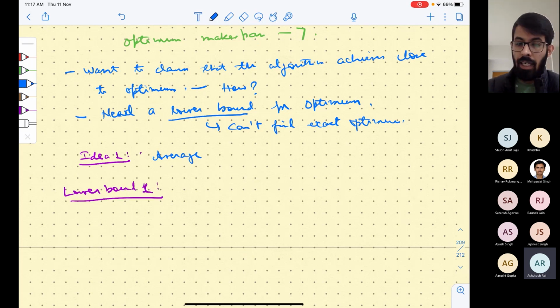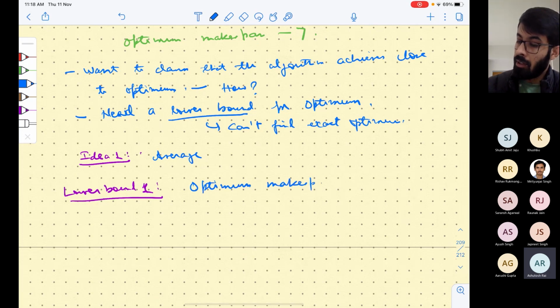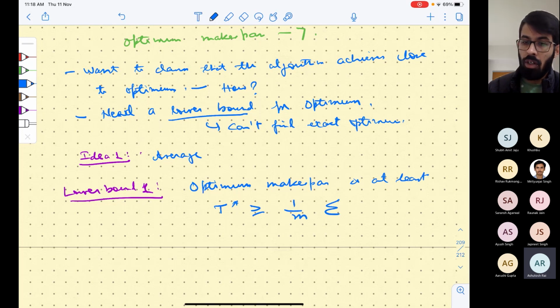We'll just say that the optimum makespan, let's say the optimum is T star, is greater than or equal to 1 over M times the summation of all Tj. Some machine has to have the average load.